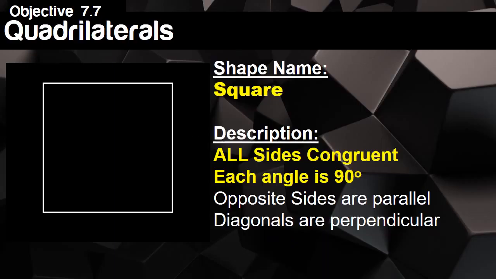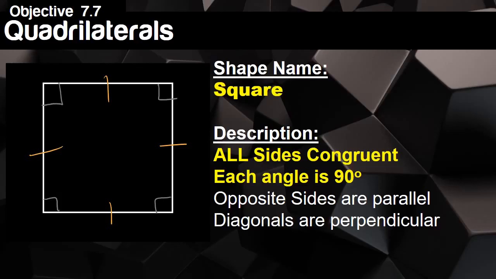So now I have a square. The square is a very specific parallelogram. In this parallelogram, all the sides are congruent, just like a rhombus. Each angle is 90 degrees, just like a rectangle.